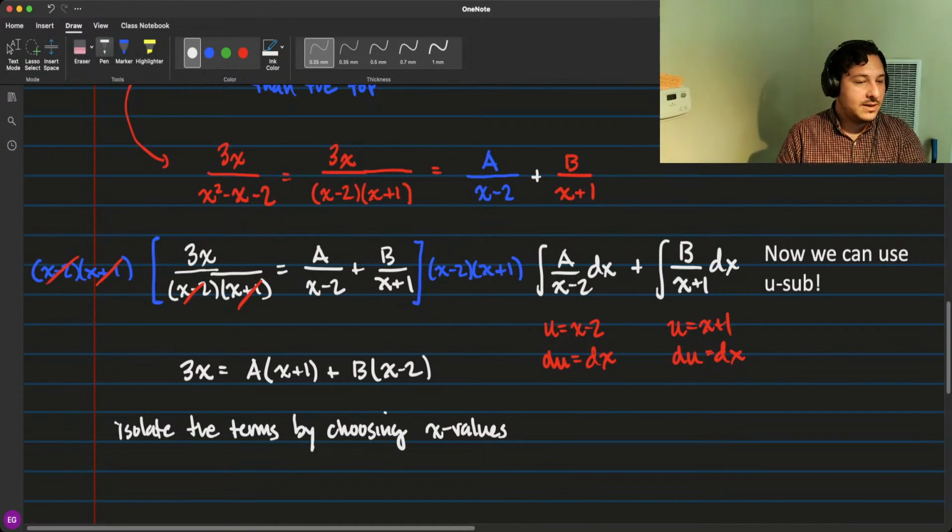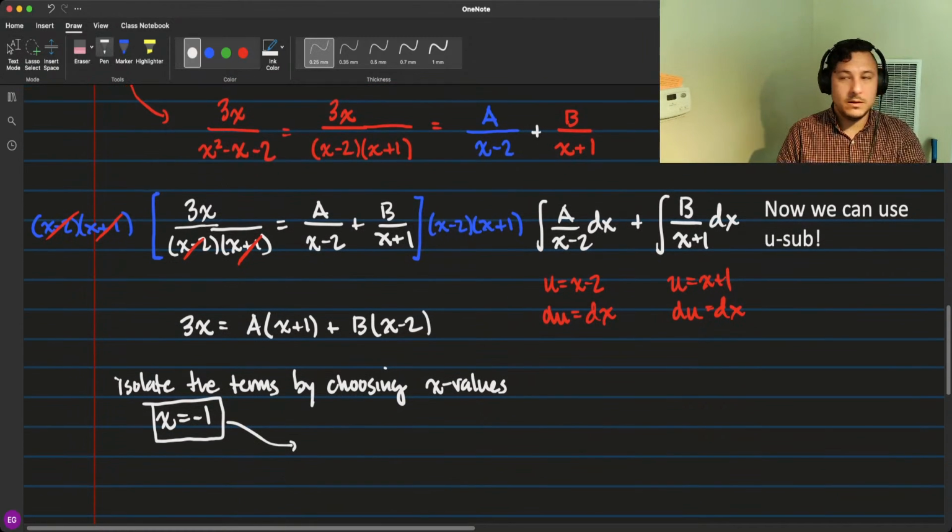Like for instance, if x equals -1, what's going to happen? So why did I choose x equals -1? Yeah, to take away a.